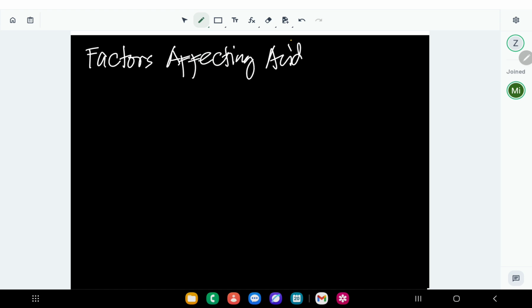What are the factors affecting acidity of cationic acids? We have to know this before we can assess their relative acidity. Okay, so what are these factors?